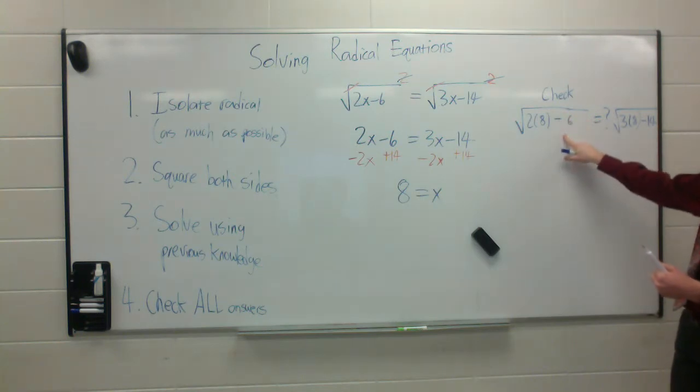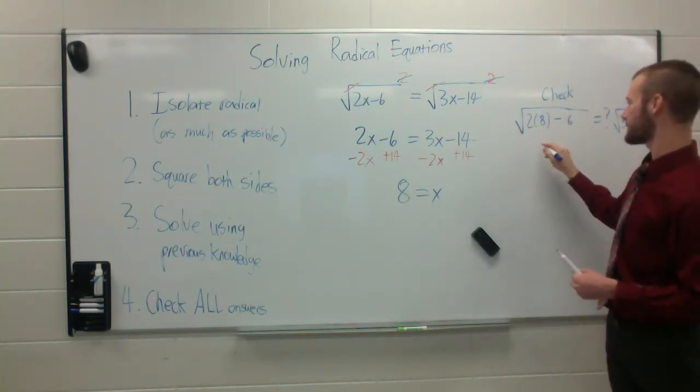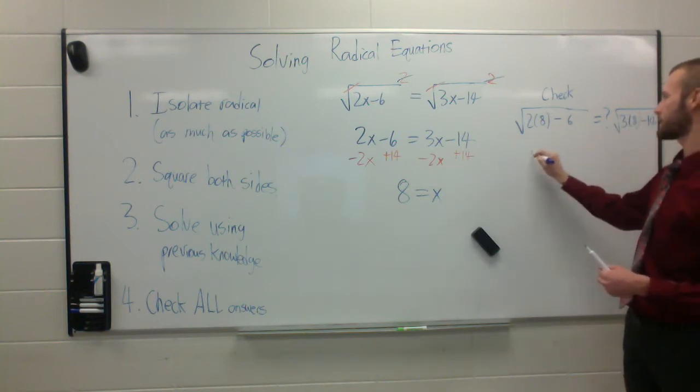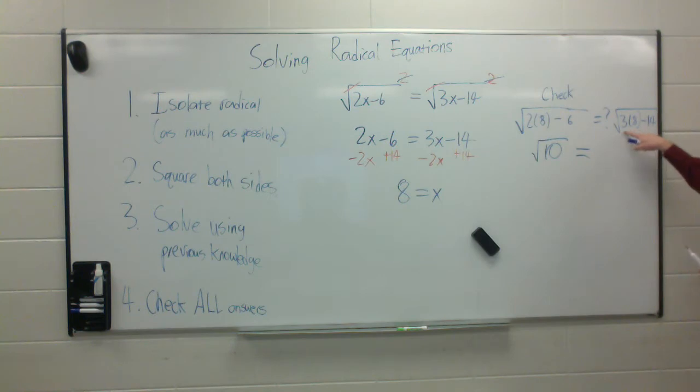That's minus 6, I apologize. 2 times 8 minus 6. So 2 times 8 is 16, and 16 minus 6 is 10. Square root of 10. 3 times 8 is 24, and 24 minus 14 is also 10. So the square root of 10 does equal the square root of 10.